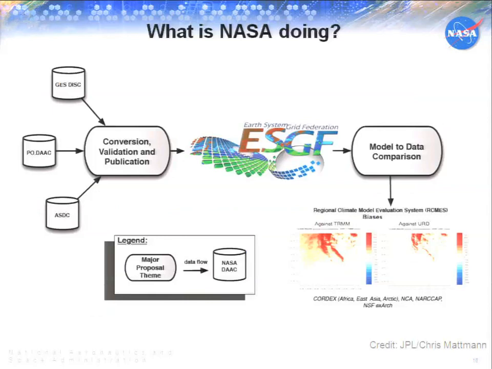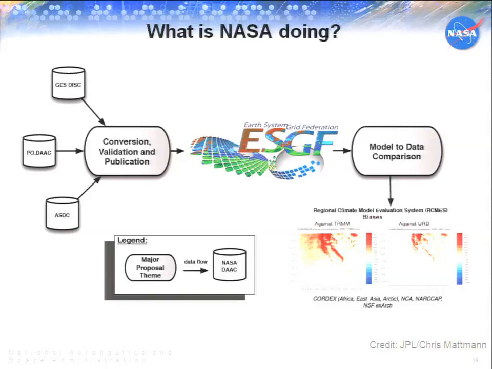The fundamental architecture, what we're doing here, is of course we extract the data from the DAACs, from the data archives, and we reformat it, we put it in a format that models can use in the ESGF.